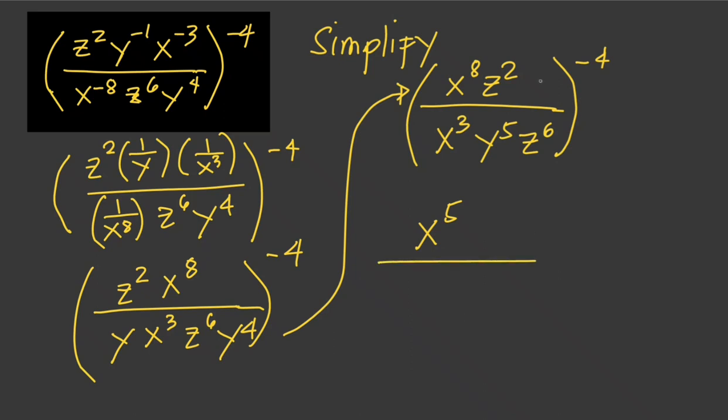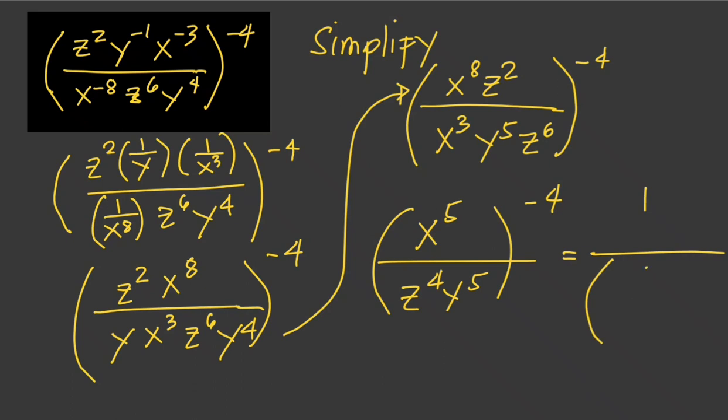Okay, and z to the 4th, y to the 5th, to the power of negative 4. And then this entire expression can be written as 1 over x to the 5th, z to the 4th, y to the 5th, to the power of 4.